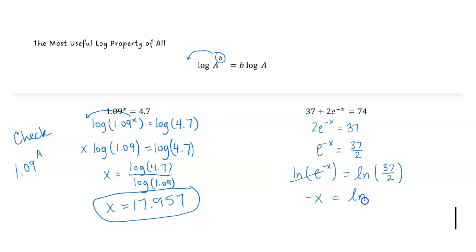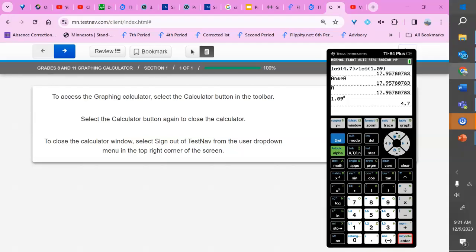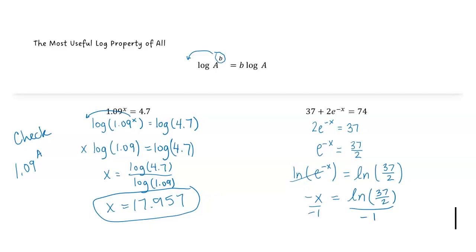So I'm going to be doing natural log of 37 over 2, and then I'm going to divide by negative 1 to make the sign correct, or just change the sign after I type it on my calculator. And I get a positive 2.918, but I'm going to use negative 2.918.